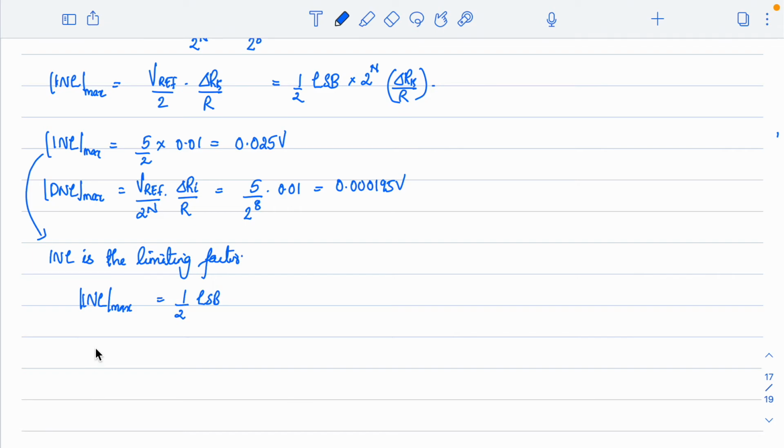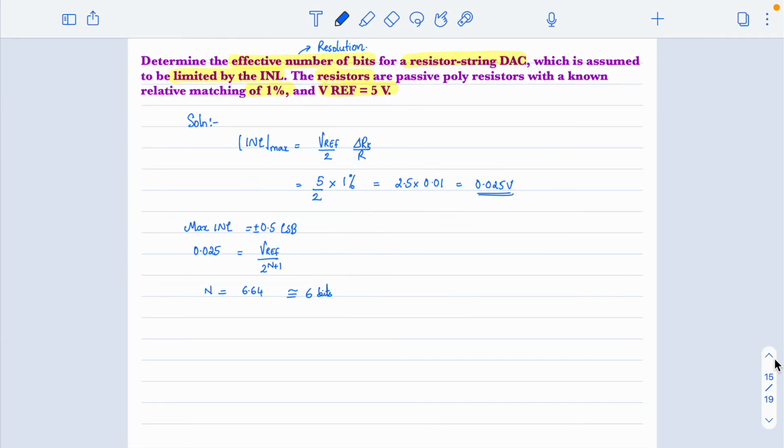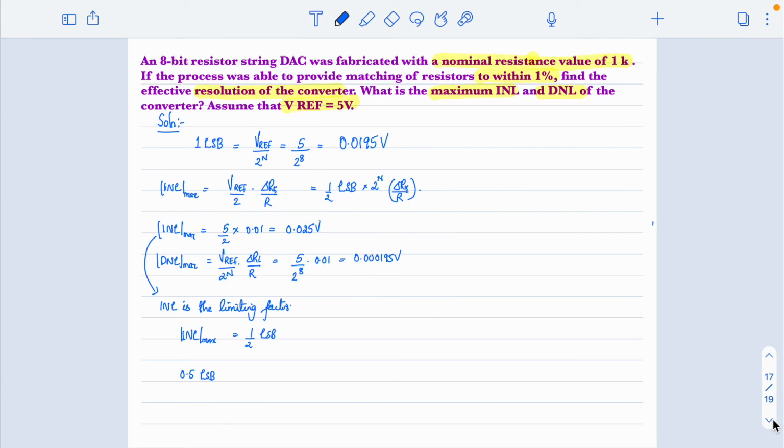the calculation is the same as the previous one. We have this maximum value here. The maximum value should be equal to 0.5 LSB. You can calculate the same way we did for the earlier question. From the maximum INL, you can go ahead and find the number of bits n. So 0.5 LSB is equal to Vref divided by 2 to the power of n plus 1, whose value is here. Based on the value, we can find the value of n.